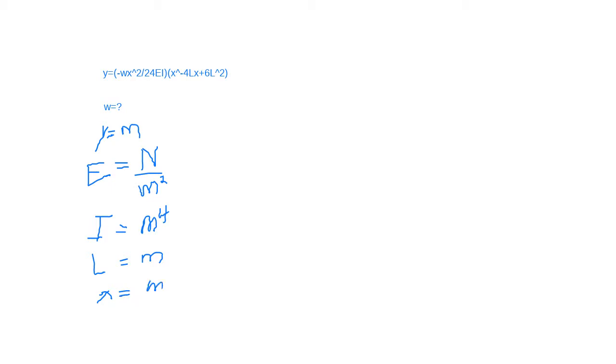All right, so what do we need to do? We need to get W by itself. What do I need to get W on one side and everything else on the other side?